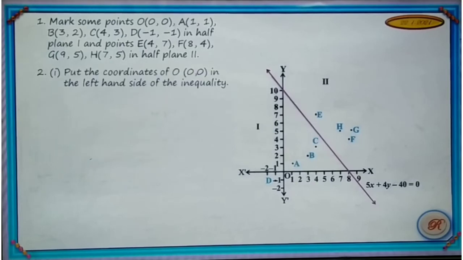Put the coordinates of O, 0, 0 in the left hand side of the inequality. Value of LHS is equal to 5 into 0 plus 4 into 0 minus 40 is equal to minus 40, which is less than 0.